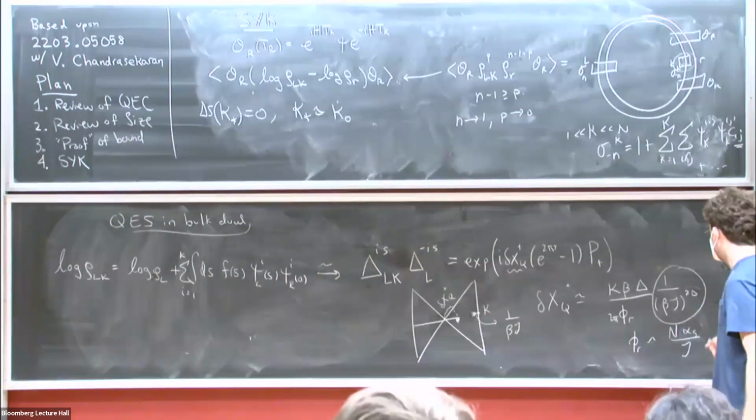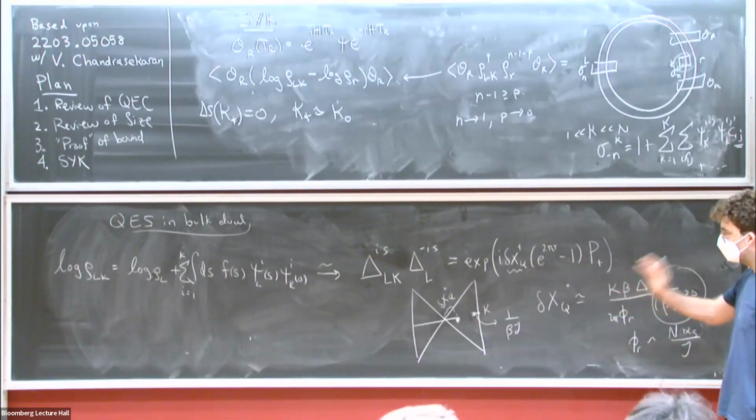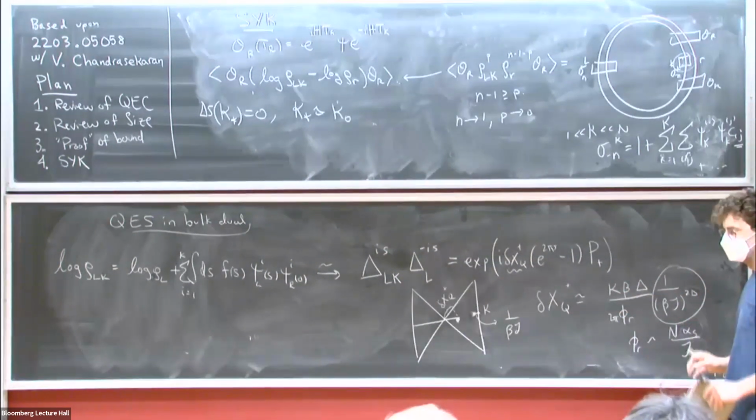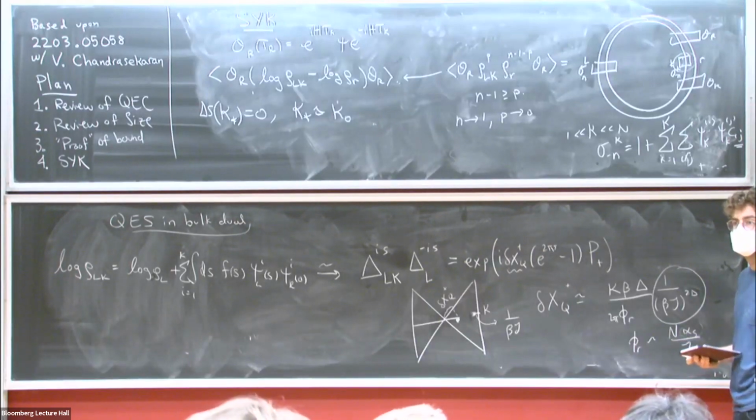But it was important here that I didn't take a limit where delta went to 0. So this bulk picture, interestingly, seems to break down at very large Q. Beta J somehow, log of beta J is the distance between the horizon and the boundary.